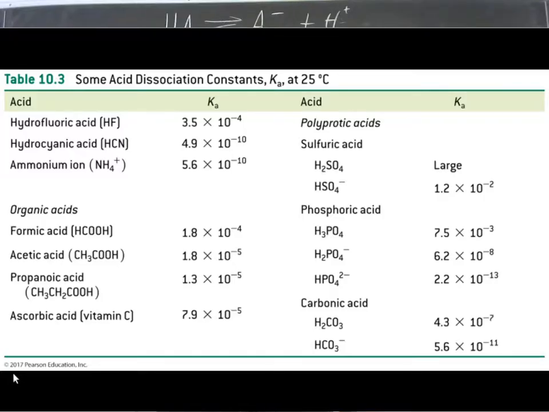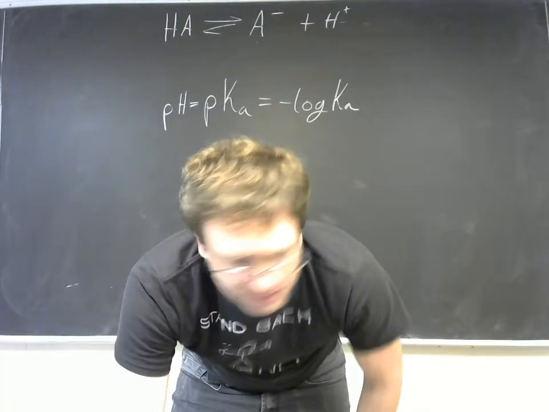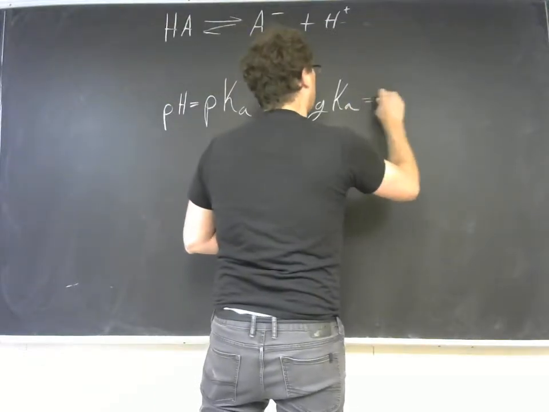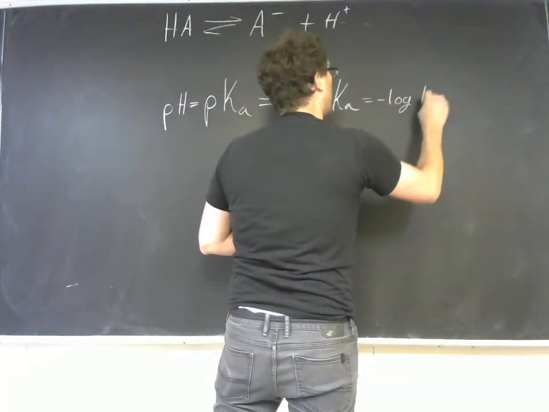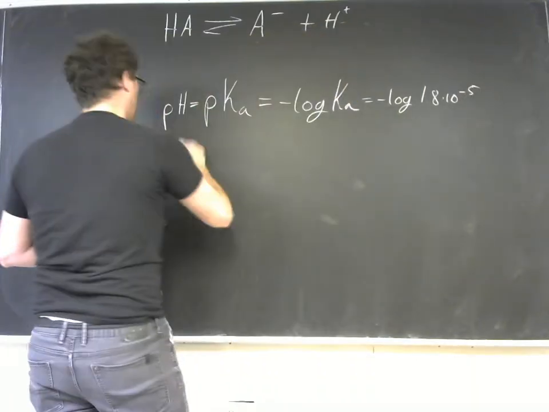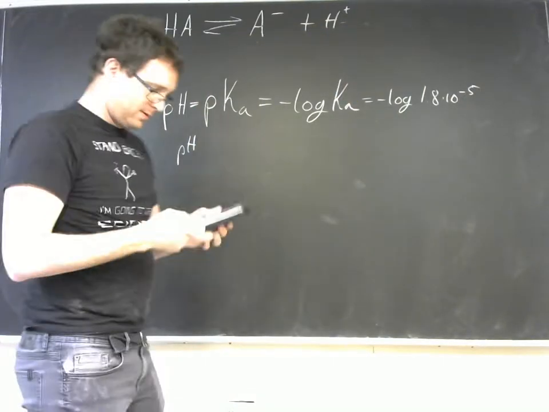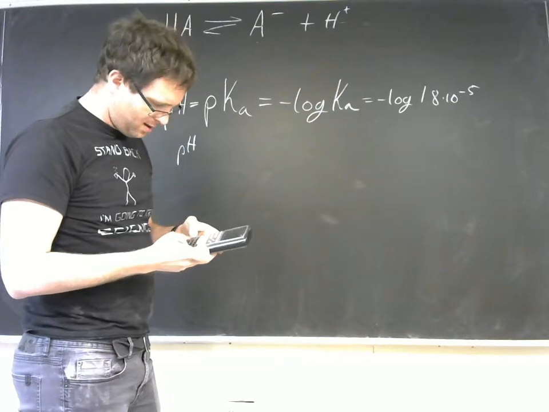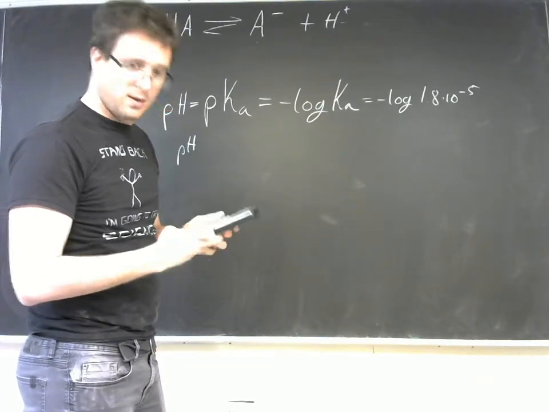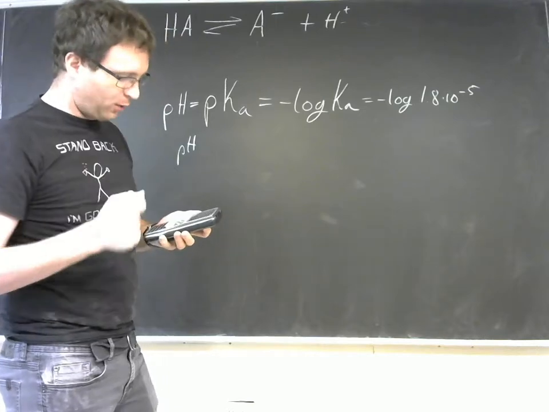Okay, so for acetic acid, we see that as 1.8 times 10 to the negative fifth. So what is the negative log of 1.8 times 10 to the negative fifth? Okay, that's 4.74.